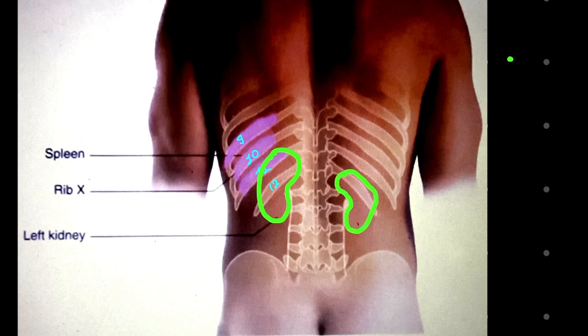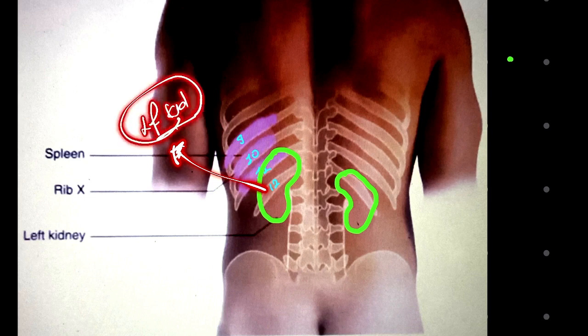Now if you look carefully, you will find that the left kidney has reached the level of the 11th rib. But talking about our right kidney, it touches only the 12th rib. It hasn't reached the 11th rib. Now why is it so? It is so because during the course of development, we know that the kidneys ascend upward in the abdominal region.